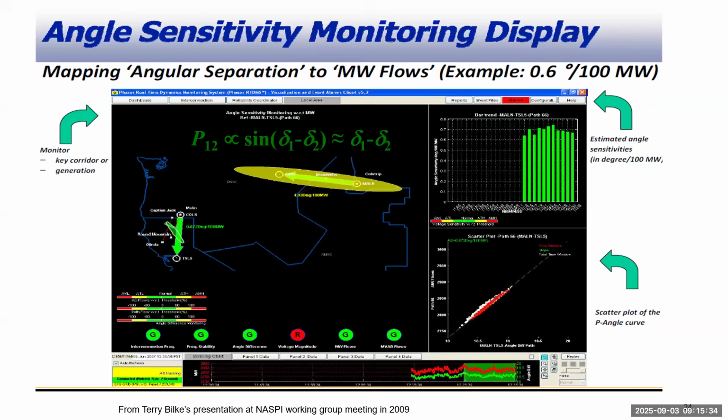For this case, the power is from Oregon to California, and for this case, the power is from the east to the west. And for this specific system, they utilize this sensitivity: for every 0.6 degree angle change between two substations, the power exchange will increase by 100 megawatts.